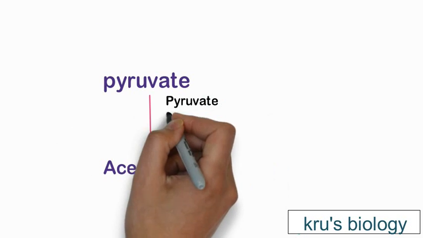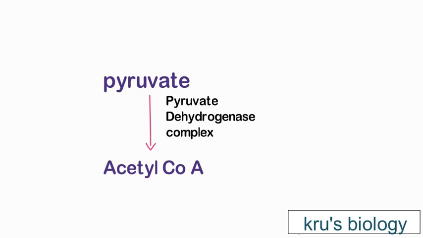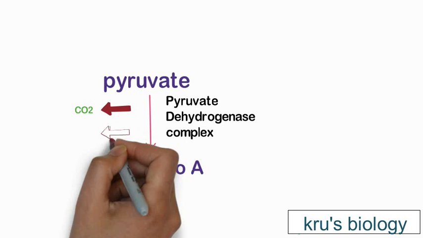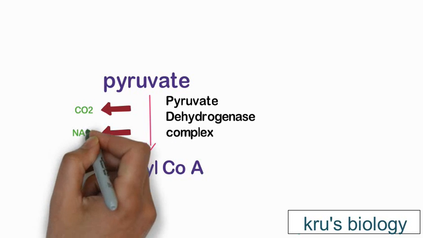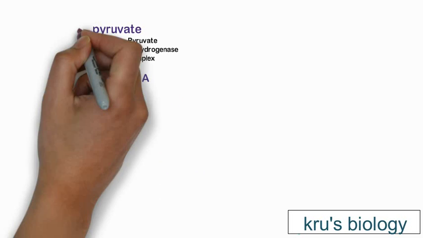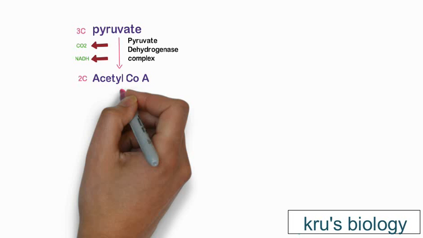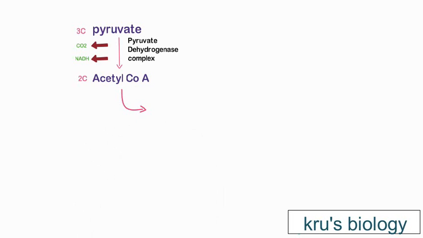As a result of glycolysis, glucose is converted into 2 pyruvate molecules, and pyruvate is converted into acetyl-CoA by the pyruvate dehydrogenase enzyme. This process gives rise to one CO2 molecule and one NADH molecule per pyruvate molecule. Pyruvate is a 3 carbon compound and acetyl-CoA is a 2 carbon compound.